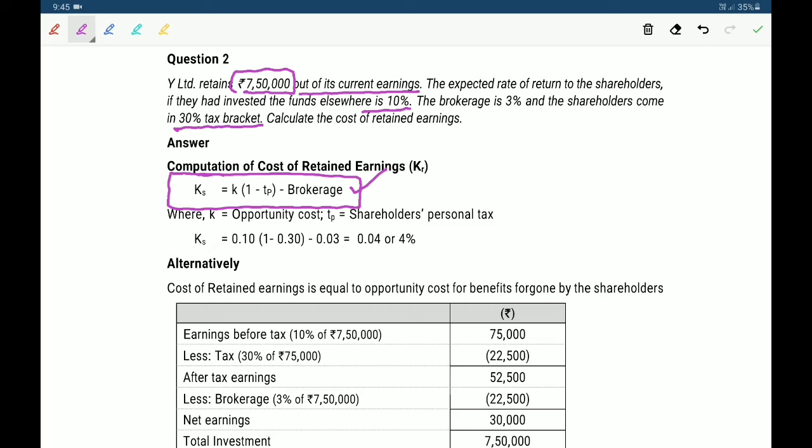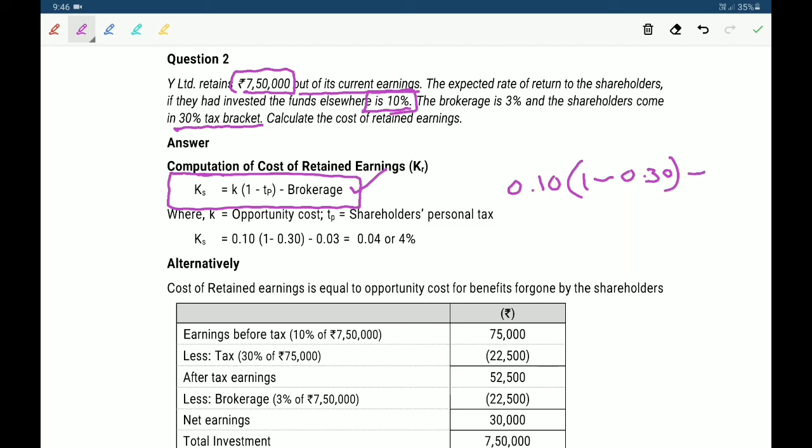What is the opportunity cost if the amount is invested elsewhere? 10%, that means 0.10 into 1 minus tax rate, 30%, that is 0.30, minus brokerage.